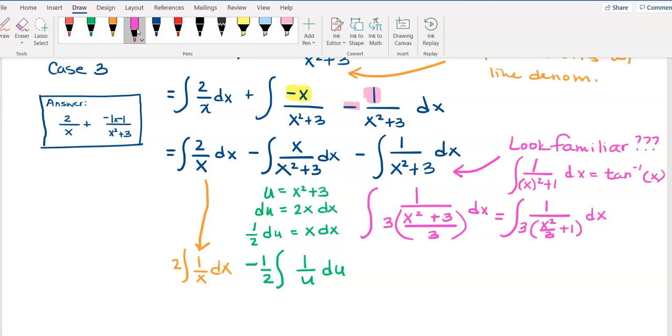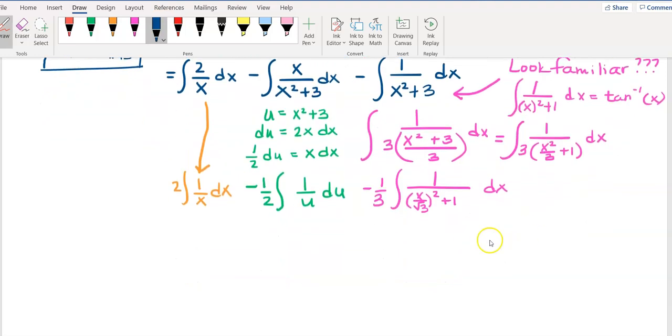We talked about this before as a square root. So this is really going to become a negative 1/3, the integral of 1 over, and in parentheses now we have x over root 3 plus 1 dx. And now we'll be able to get to our final answer.